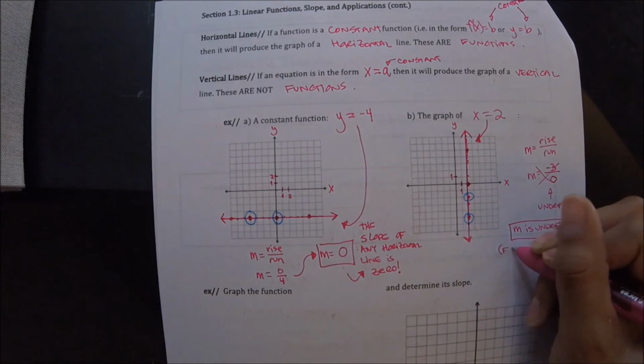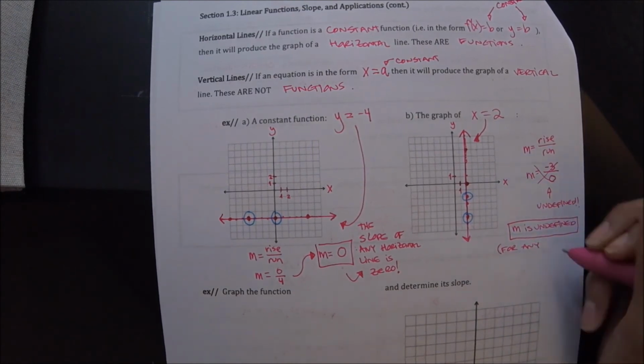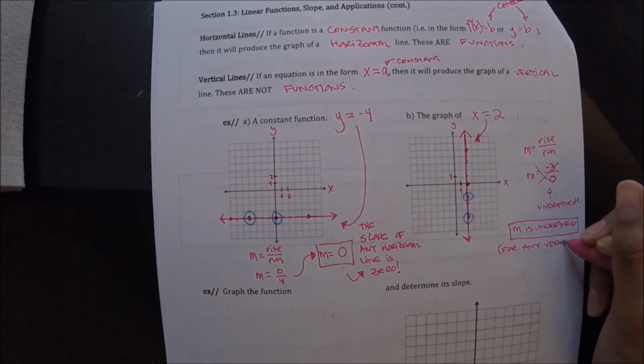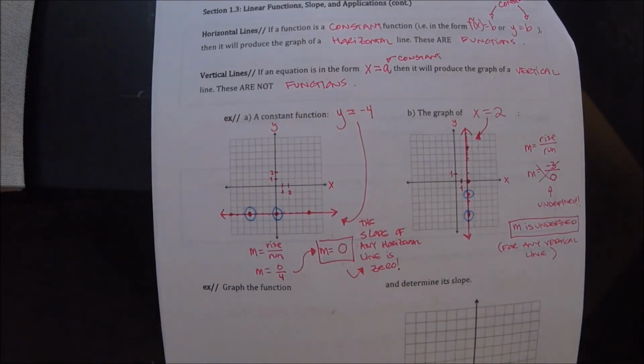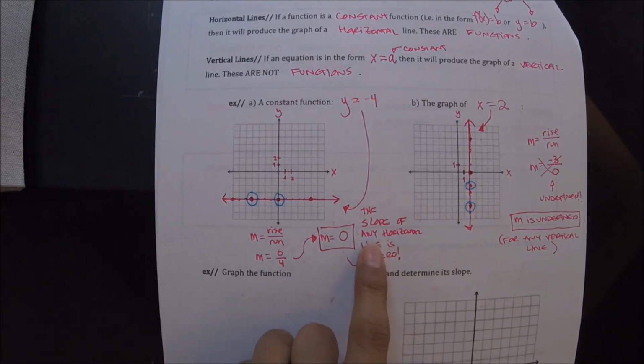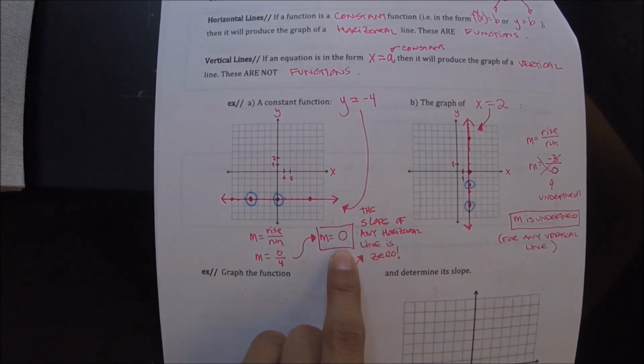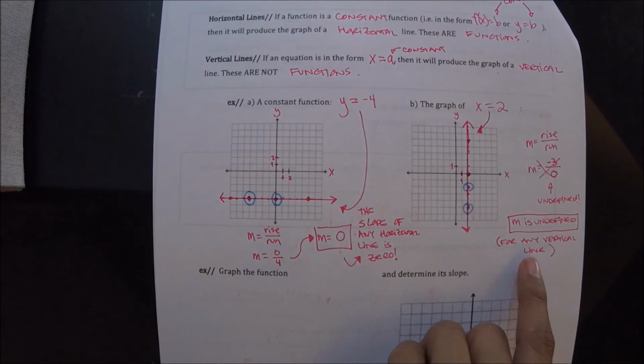And this is true for any vertical line. So in summary, the slope of any horizontal line is going to be 0, and the slope of any vertical line is undefined.